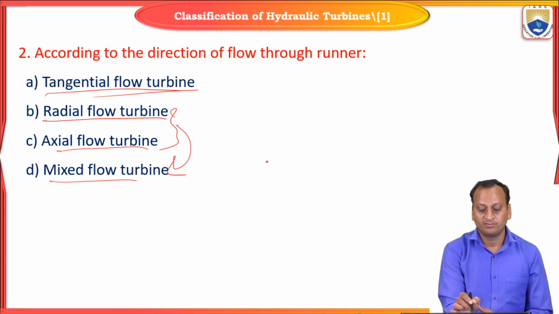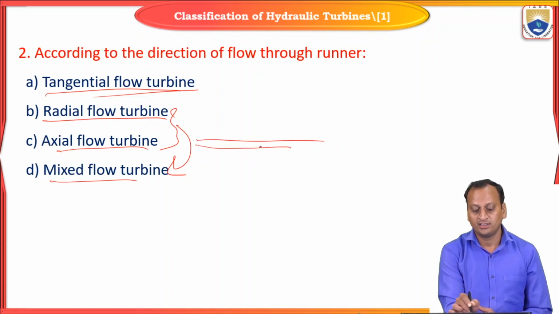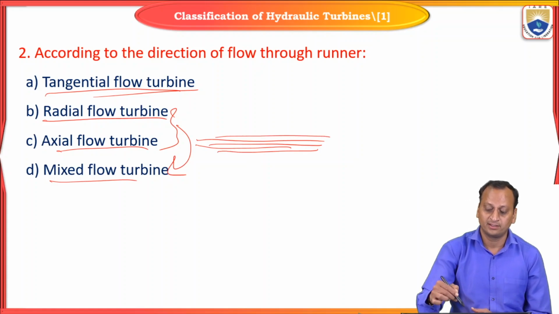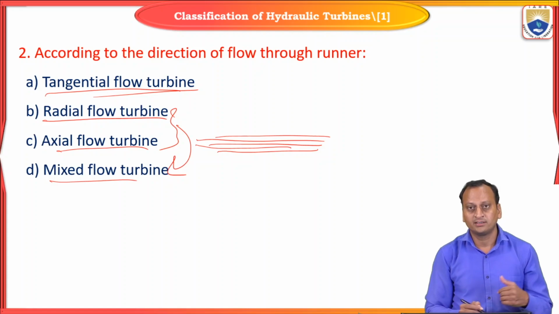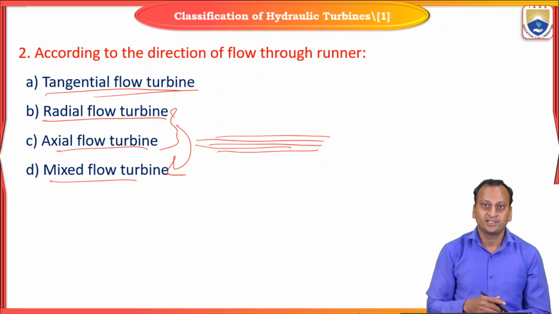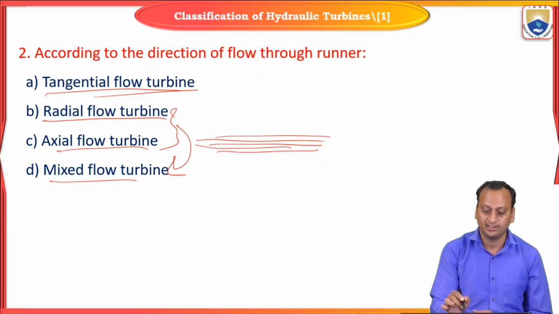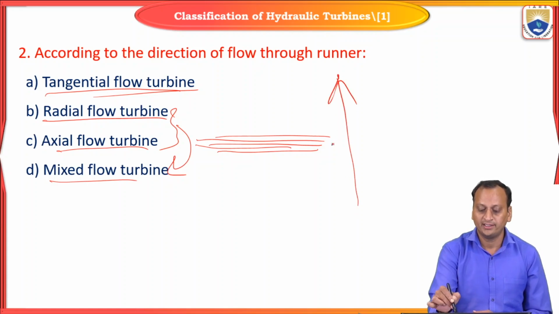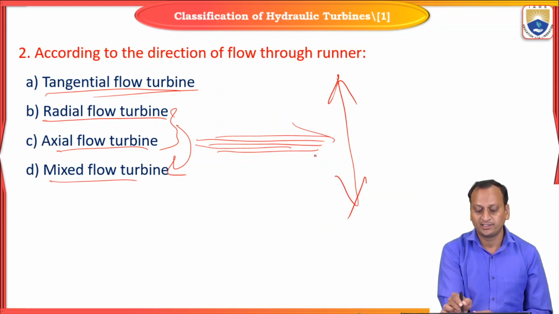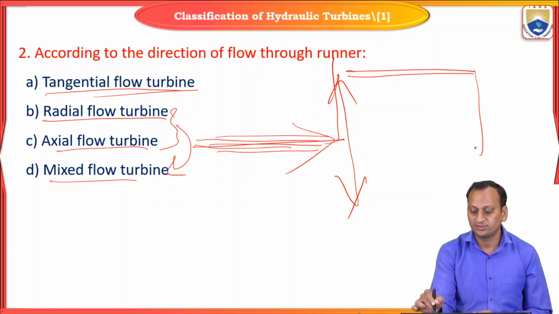In an axial flow turbine, the liquid is flowing axially to the runner, but it need not coincide with the center of the turbine, but the direction of flow is axial. Radial means it may come axially and leave radially. And mixed flow comes axially and leaves radially.